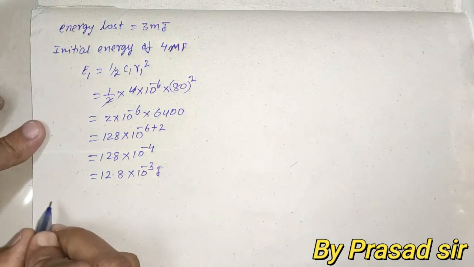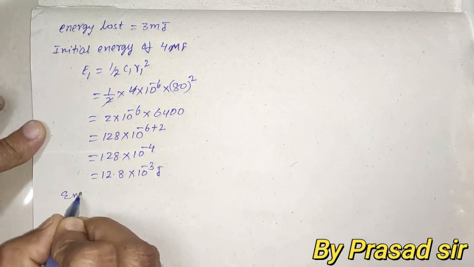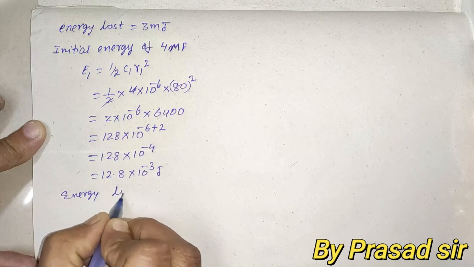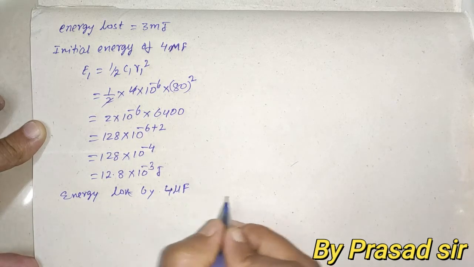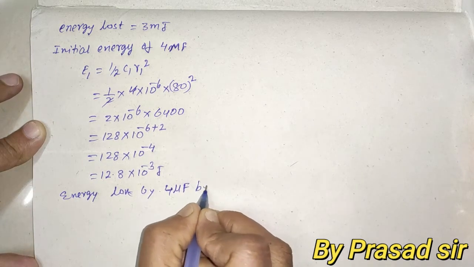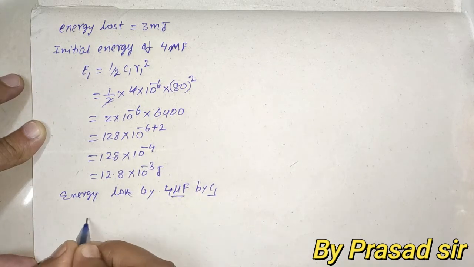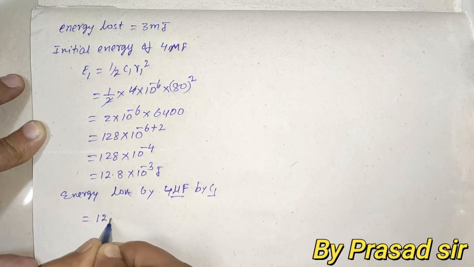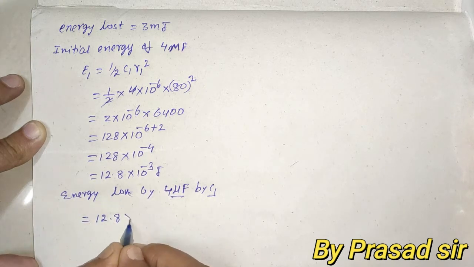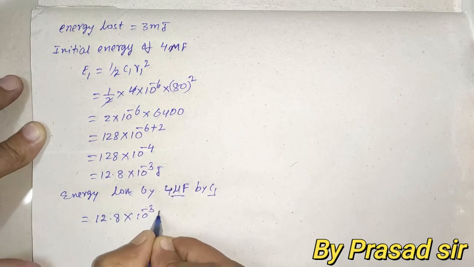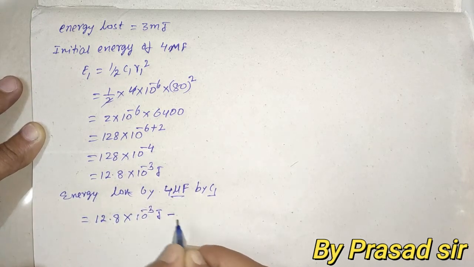But here which one we want to calculate? Energy lost by 4 microfarads, that is by C1. So here what happens? Initial energy of the 4 microfarads is 12.8 into 10 to the power of minus 3 joules minus.